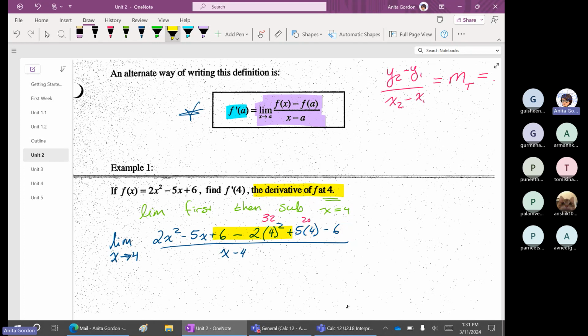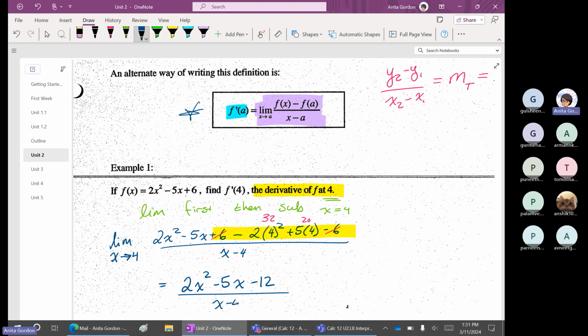Absolutely. We need to distribute that. Okay. Plus 6 minus 6, that goes away. Negative 32 plus 20. 2x squared minus 5x minus 12. Perfect.